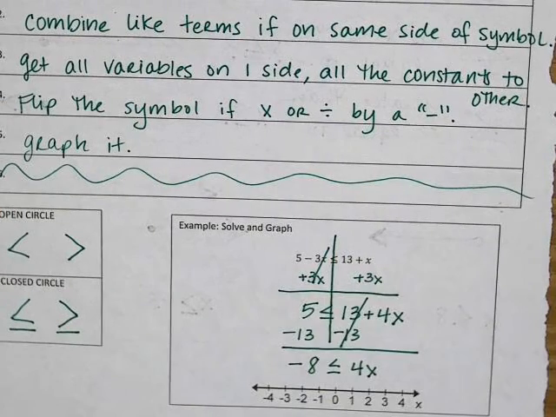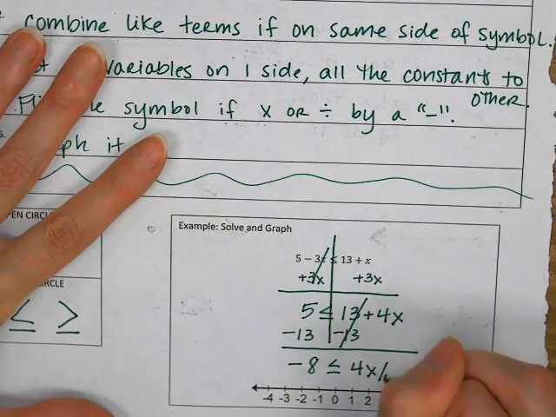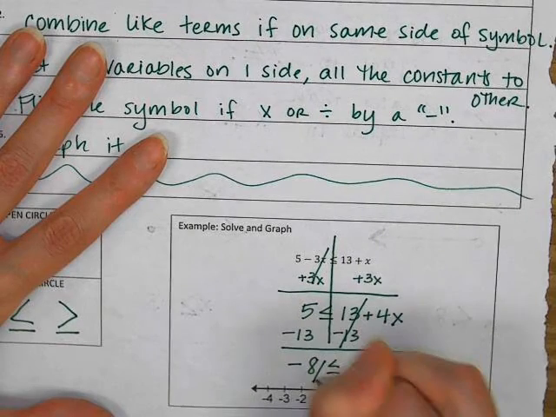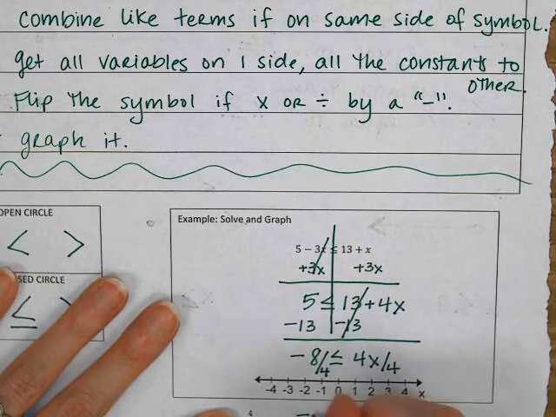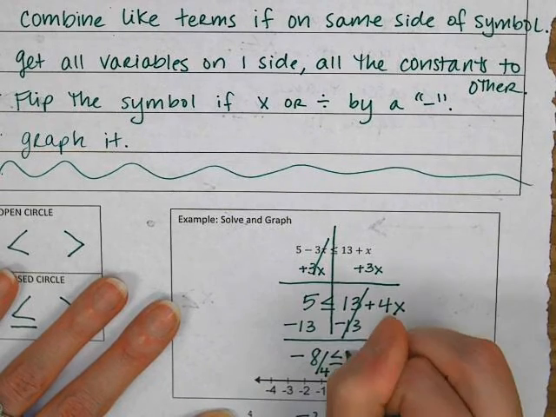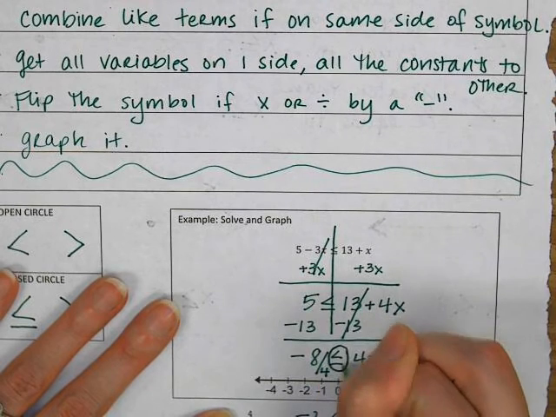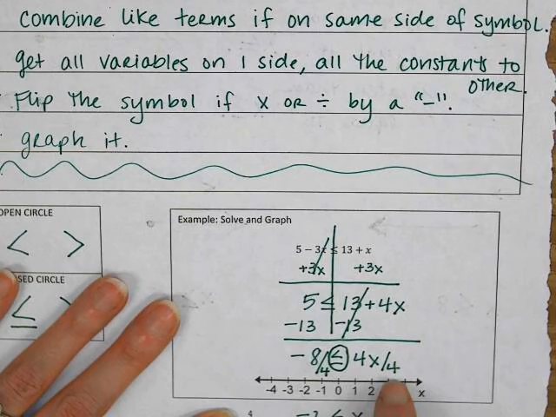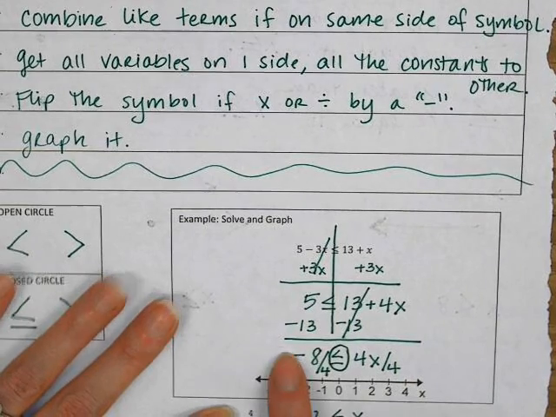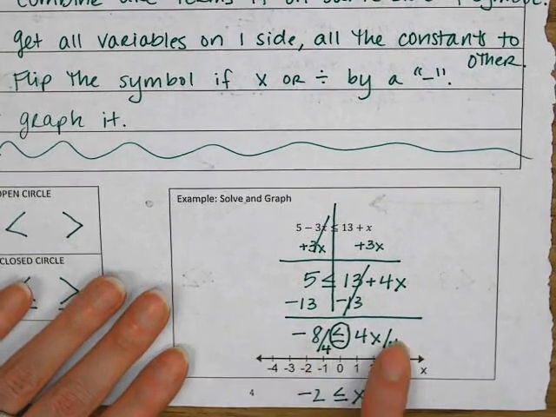To officially get x alone, we're going to divide by positive 4, divide by positive 4, and our answer is negative 2 is less than or equal to x. Now, notice I did not flip the symbol because we divided by a positive 4. It doesn't matter that this is negative. It's whatever you divided by.